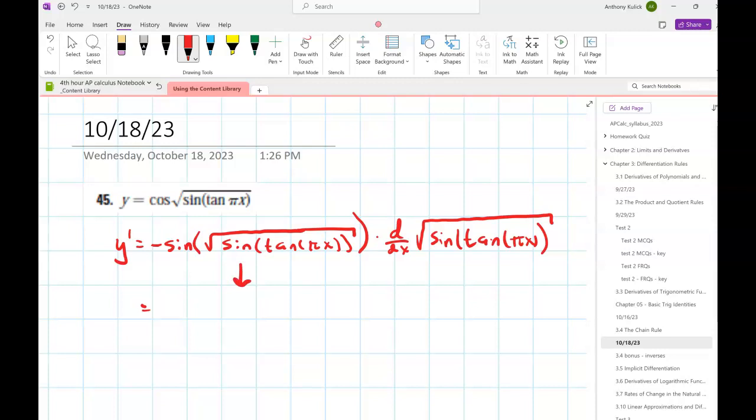So what is the outer function for the derivative of the square root sine of tan of pi x? It's the square root, right? And Katie, you're right. Let's think about that as a power rule with an exponent of 1/2. So when I do my power rule, I do that, and the innards stay the same.